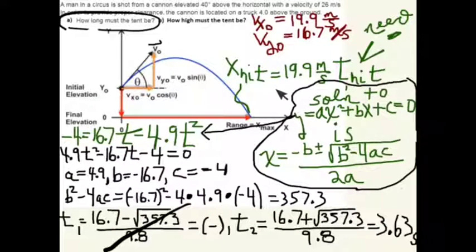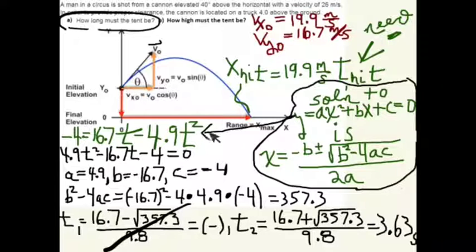We have established that to find the range of the cannonball person, x hit is 19.9 meters per second times t hit. To find the time that the cannonball person hits the floor, we need to solve this quadratic equation.